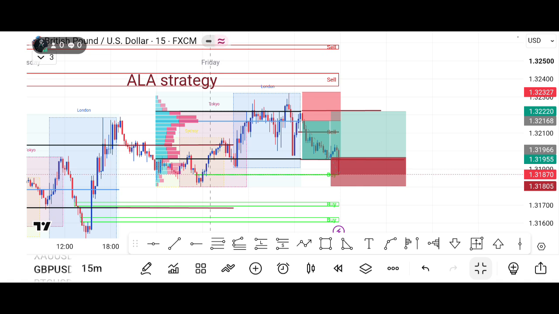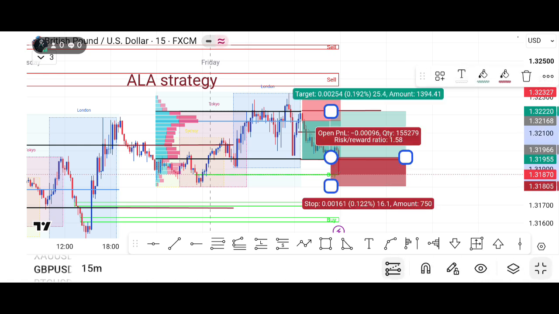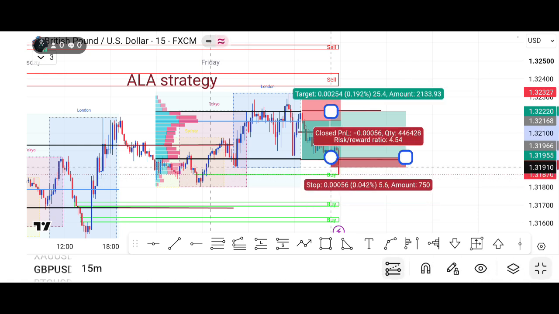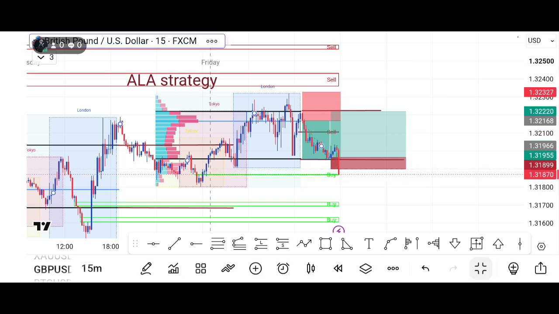Now, if I could assume that the market will come to this area, I would put my stop loss below it, right here. This one here is my liquidity, so I'm going to put a lot size and put my stop loss using this area.